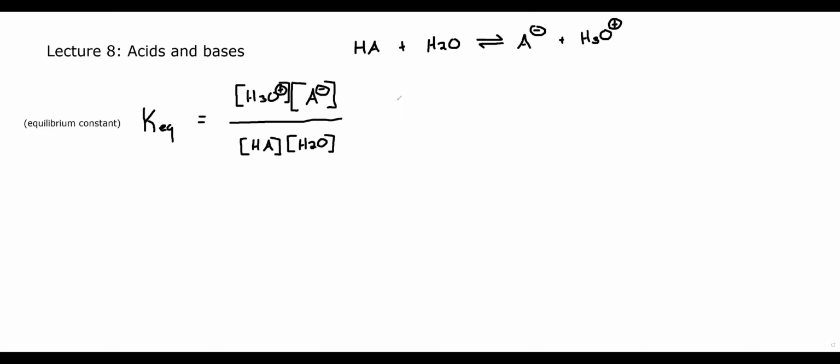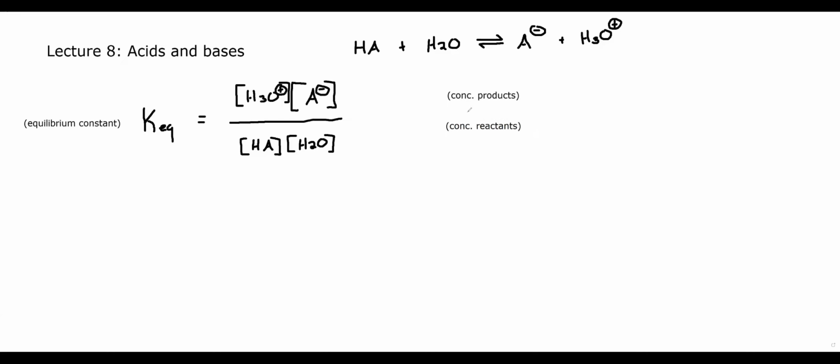And I'll write that out with text also. So that equals the concentration of products over the concentration of reactants, okay? That's the KEQ.